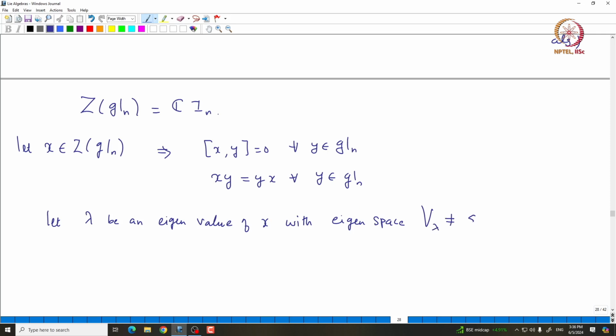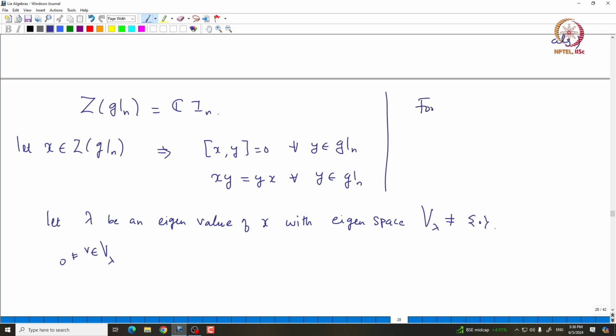So, this V_lambda must be non-zero. Let us say we have at least one vector v, which is a non-zero vector inside V_lambda. Now, since x commutes with any operator y, if we take this eigenspace V_lambda, it is clear that it must be invariant under y as well.